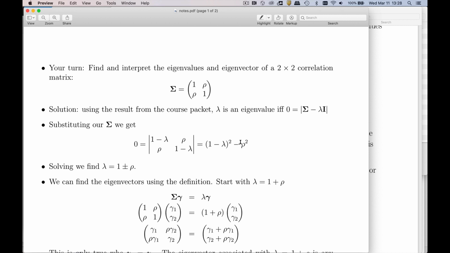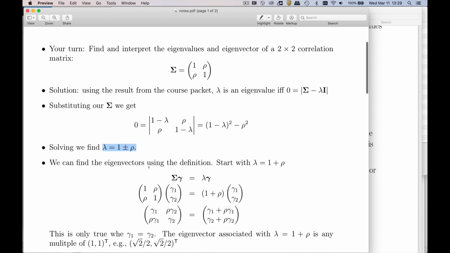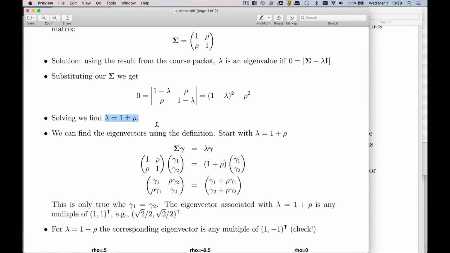All that has to be 0. So if you move your rho squared over to the other side and take the square root, you'll find that you have two eigenvalues. The eigenvalues are 1 plus or minus rho.